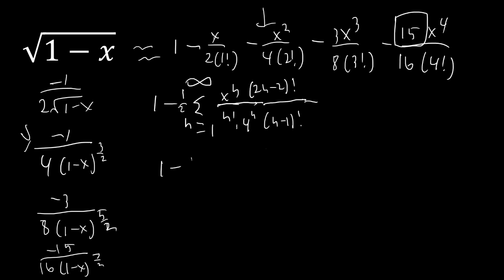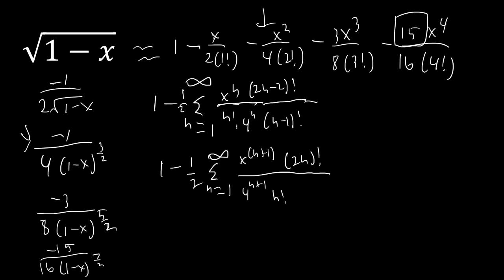So we're going to end up with 1 minus 1/2, sum from n equals 1 to infinity of x to the n plus 1, 2n factorial over 4 to the n plus 1, n factorial times n plus 1 factorial.